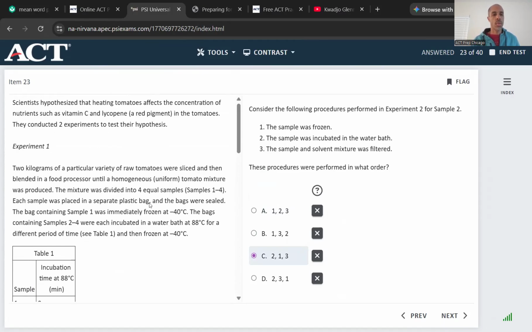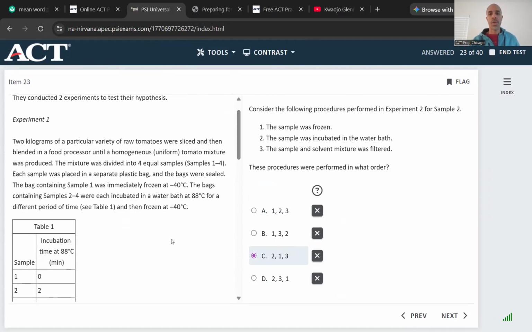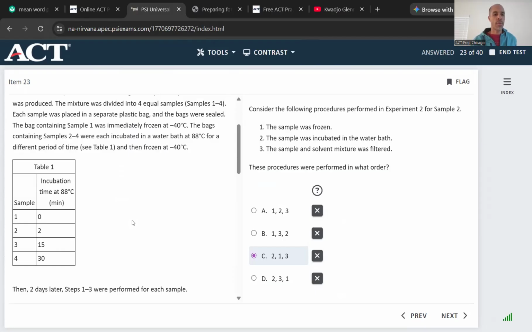Okay, the mixture was divided into 4 equal parts. Each sample was placed in a plastic bag, and the bags were sealed. The bag contained one sample. Sample was immediately frozen. Oh no, wait. Experiment two, right? So they put it in the bath. We're talking about experiment two. They put it in the incubating water bath for 2 minutes.